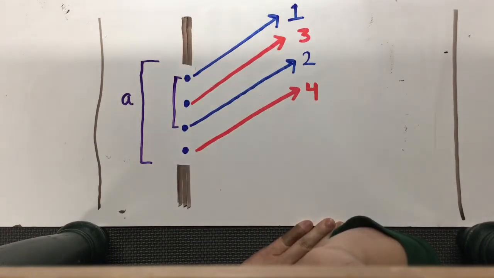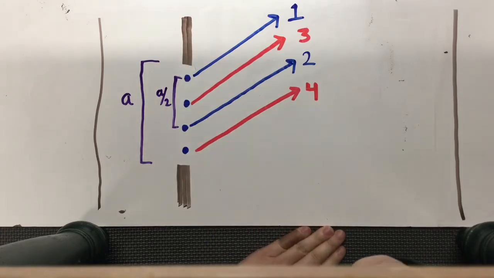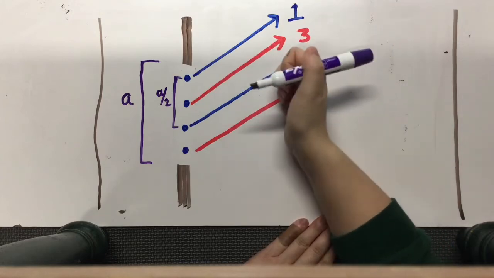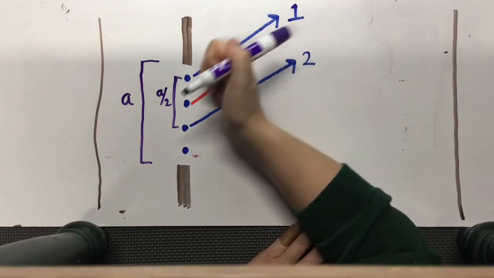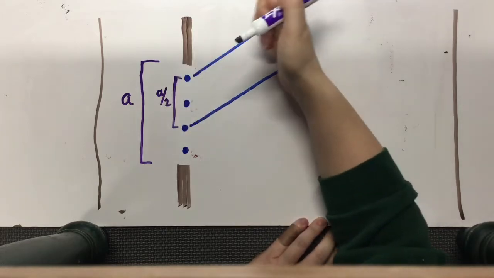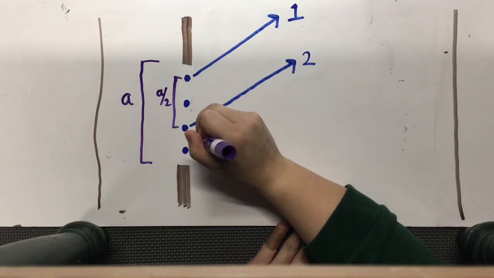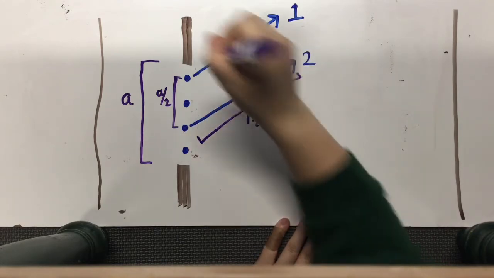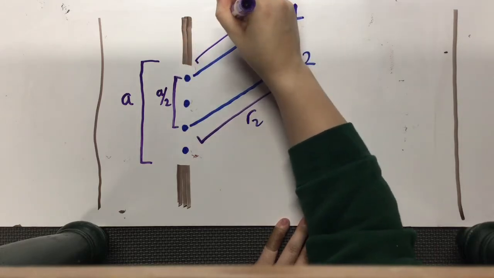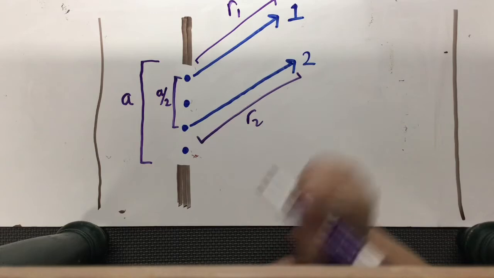So the distance between 1 and 2 would be a over 2. Let's erase 3 and 4 for clarity. Now we have rays 1 and 2. Rays 1 and 2 travel different path lengths, just as we saw in the chapter, just as we saw on the pages before.